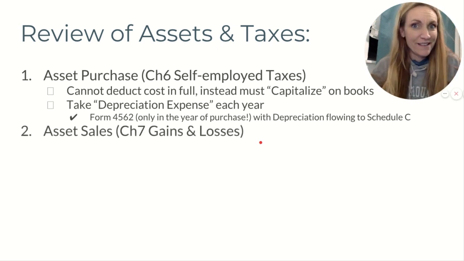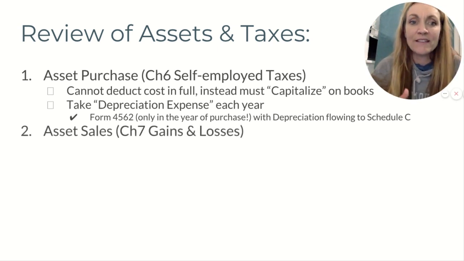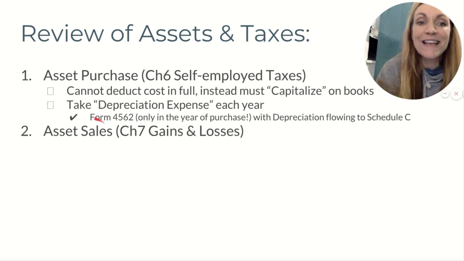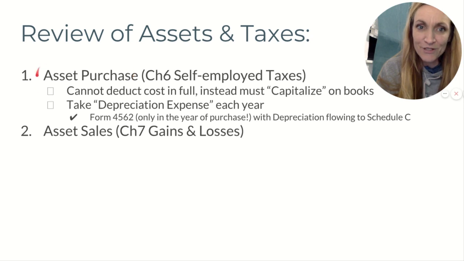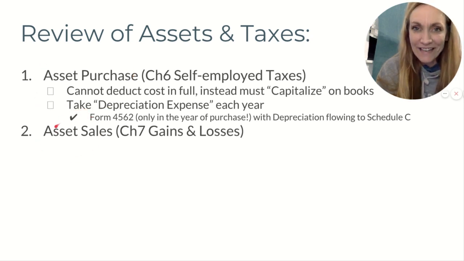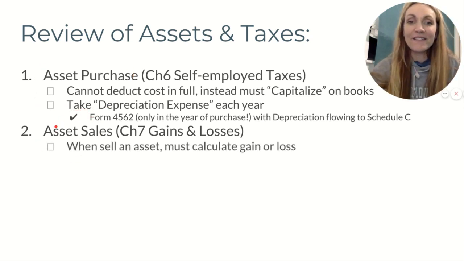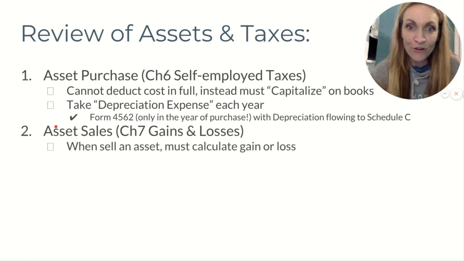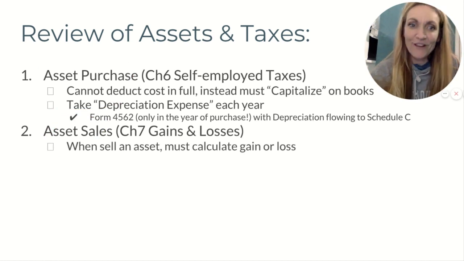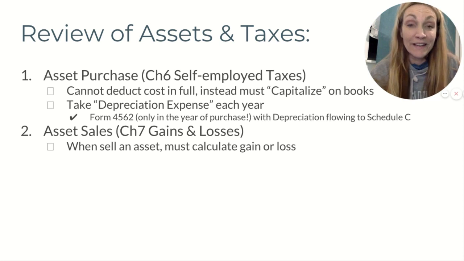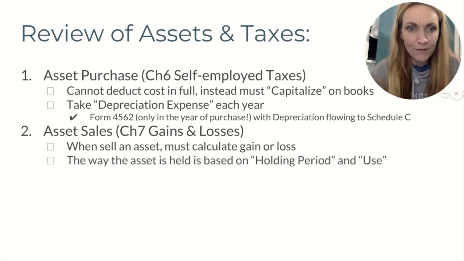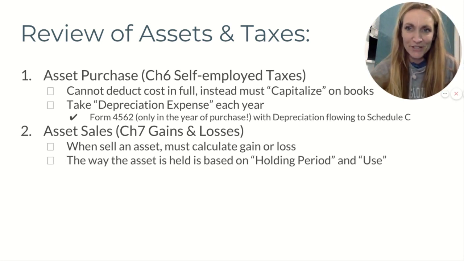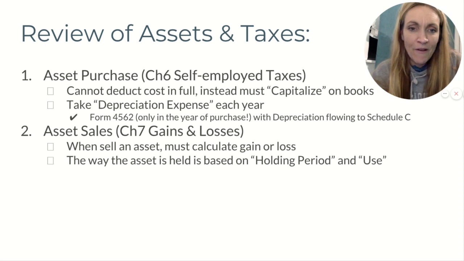So then we just did chapter 7, which was gains and losses, and that was from selling these assets. So when we purchase, that was chapter 6; selling, we have to calculate if there's a gain or a loss. Even if people think there's a loss, we've got to check, especially because of depreciation recapture. A lot of times people don't realize they've been taking deductions on their tax return.